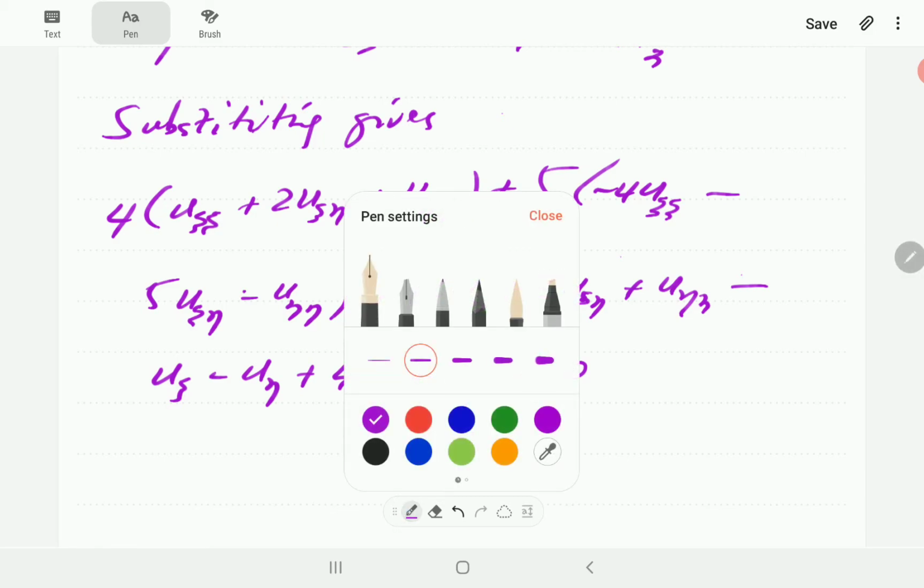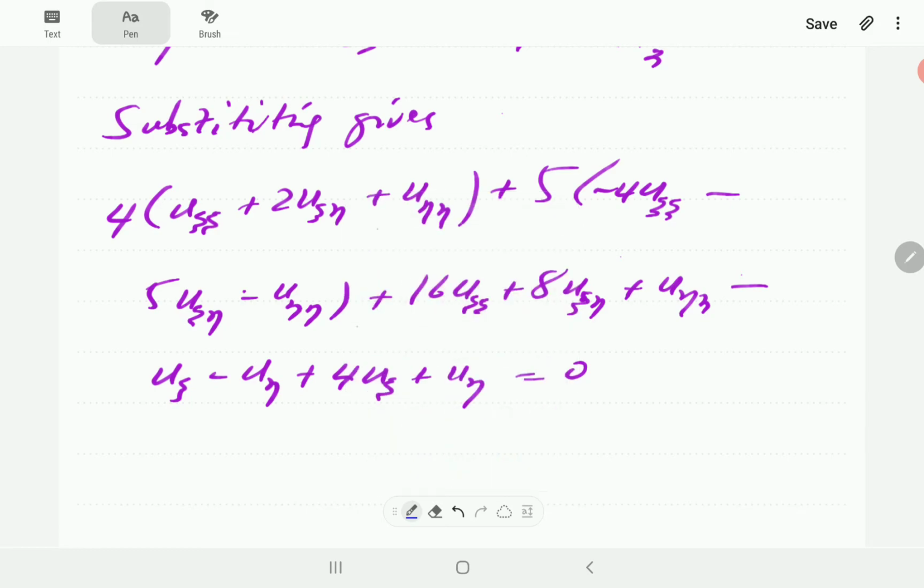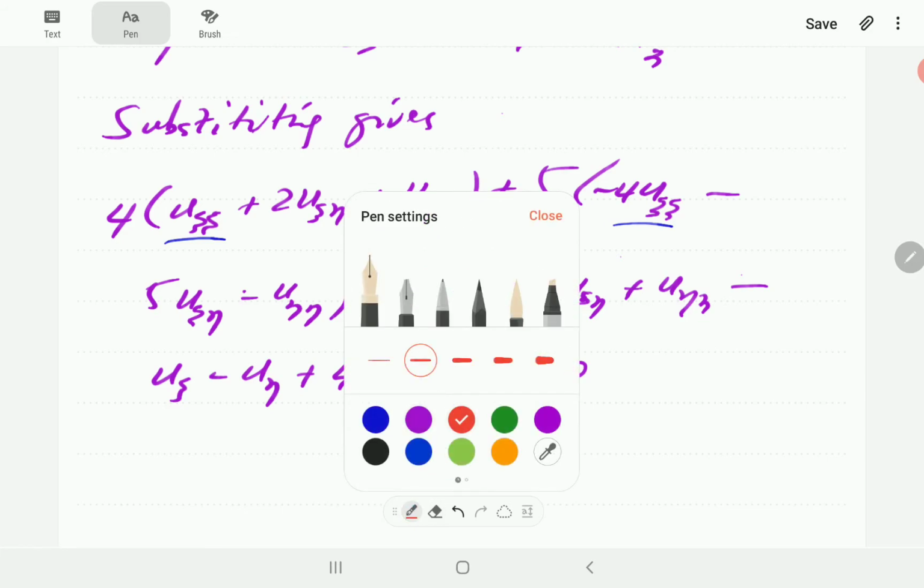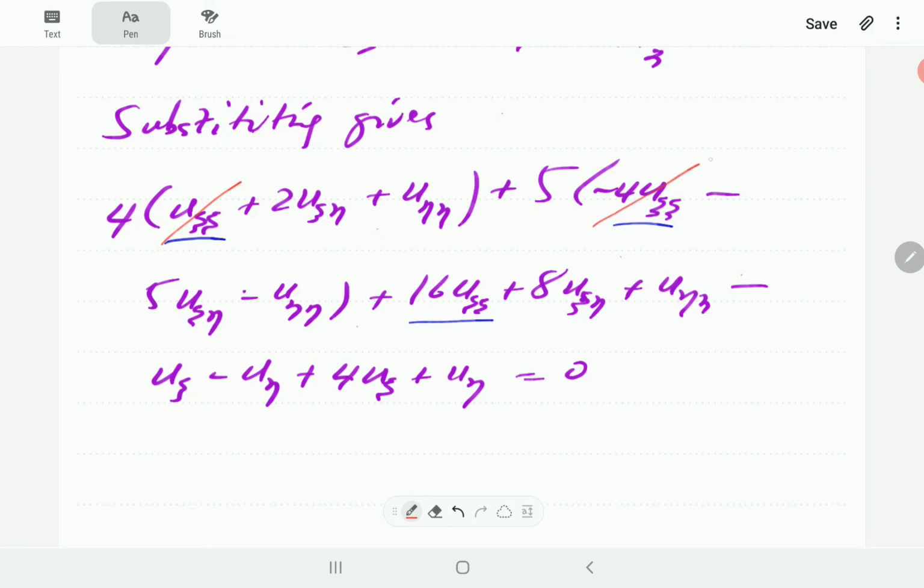So if we look at the xi xi terms, there's 3 of them, 1, 2, and 3. So from here we have got 4, and then from here we've got minus 20. 4 minus 20 is minus 16, then we've got plus 16 here. So that means those ones are going to cancel out.